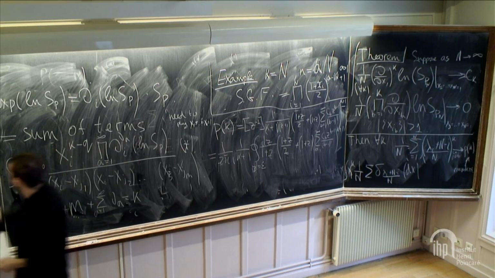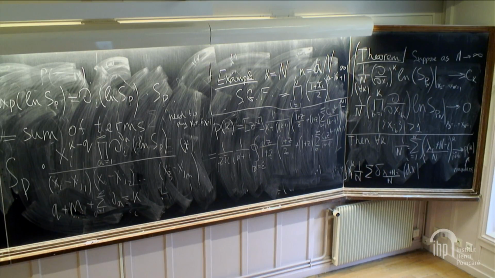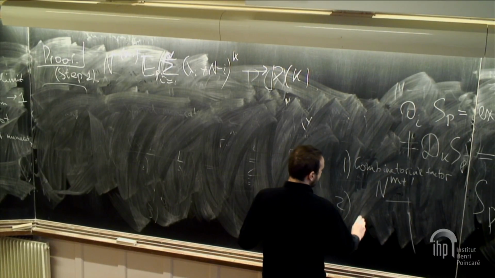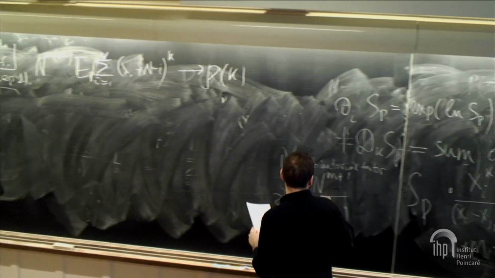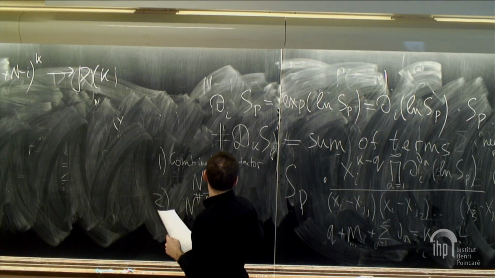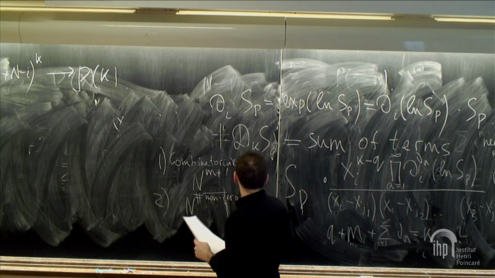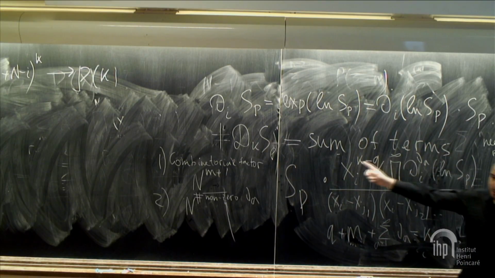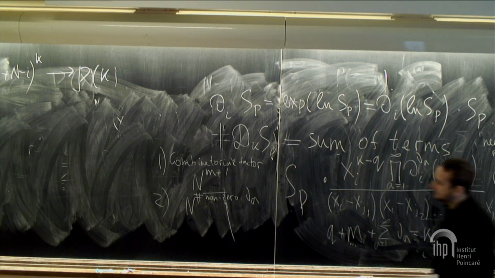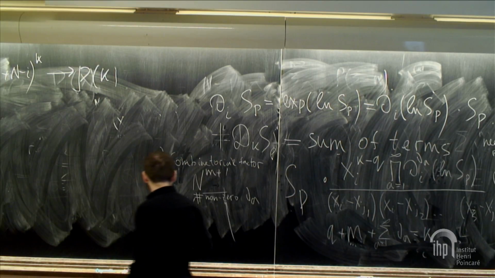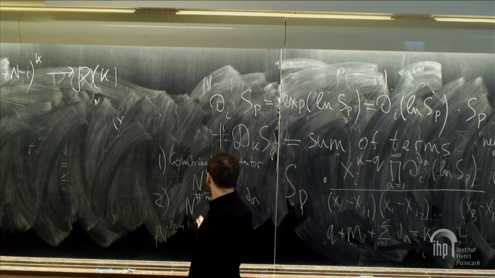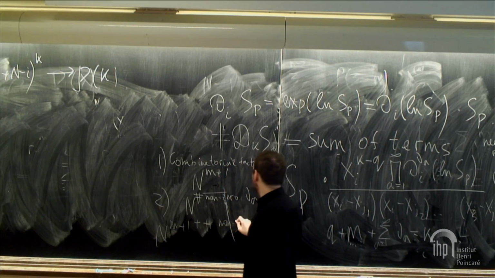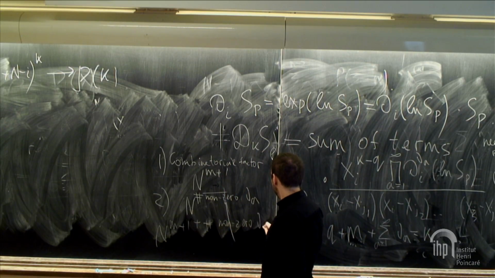So there will be the combinatorial factor n to the m plus 1, and then there will be n to the number of non-zero new a's, appearing because of the growth of derivatives. So the conclusion is that the contribution of a term of this kind is n to the m plus 1 plus the number of non-zero new a's.